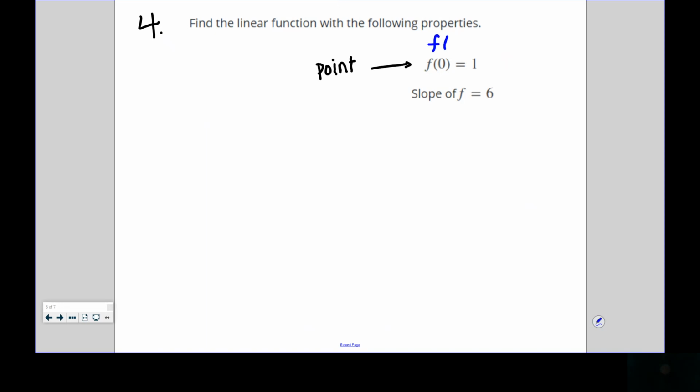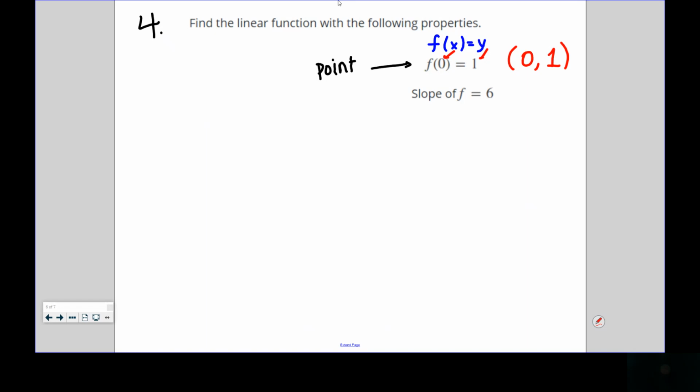So let's write that up here. F of x equals y. Now you can see how the x value and the y value are going to match up. So x matches with 0, y matches with 1. So there's your ordered pair. So the ordered pair is 0, 1.